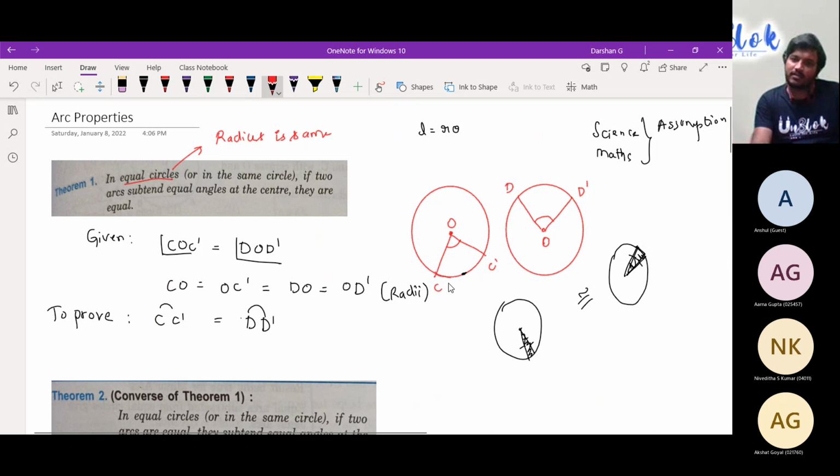That means this arc, whatever we are seeing, should be equal. They have taken a very simple idea. The idea is this is the radius and this is the degree. Say 23 degrees. So it will be the same 23 degrees here, and even the radius is the same. Then we have to prove C dash is equal to D dash. Thus, the textbook has taken a hypothetical method.